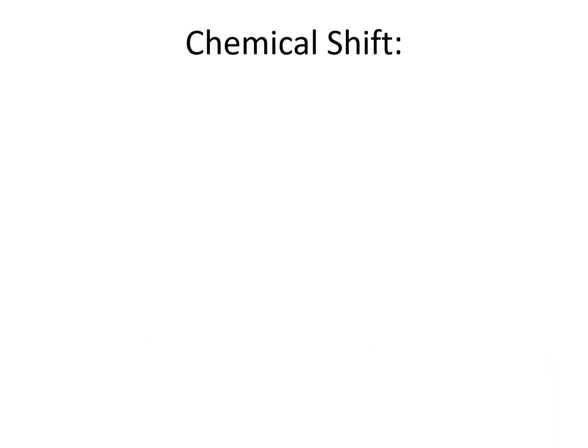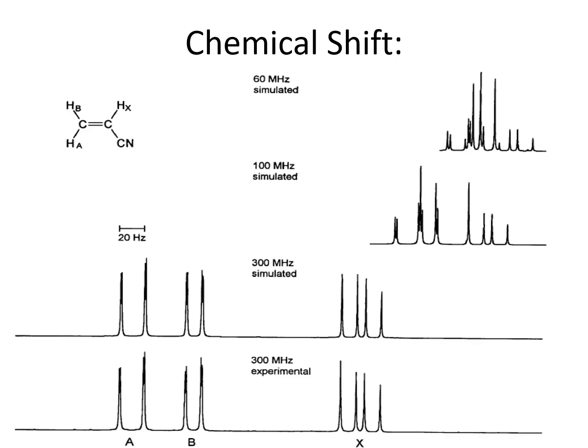As I said, whether we use a 300 megahertz instrument, a 100 megahertz instrument or a 600 megahertz instrument, the chemical shift value will be the same. The only difference is that the spectra will become more and more clear, but the value remains the same.